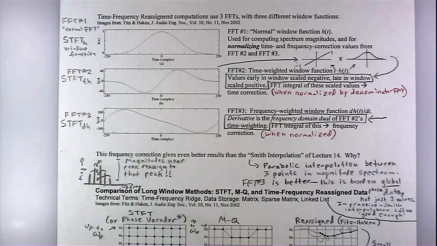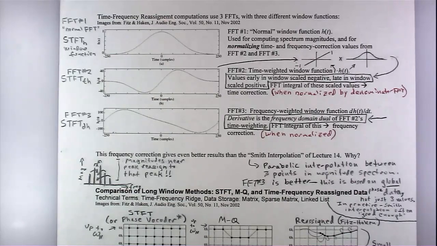It's very efficient. You make an extra window table, which is that window function multiplied by a ramp from -1 to 1. And then you make a third table, which is the derivative of whatever window you're using. And that's it. Then at every window, every hop size, instead of doing one FFT with that top window, you do 3 FFTs: top window, middle window, bottom window.